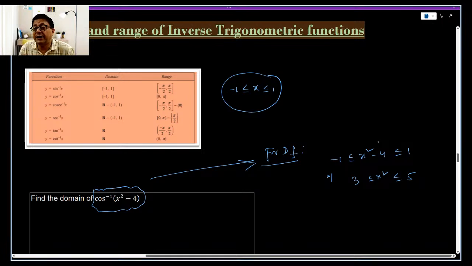Now two cases are there. X square greater than or equal to 3, you can solve. At the same time, x square should be less than or equal to 5. Let us find the common region over there.